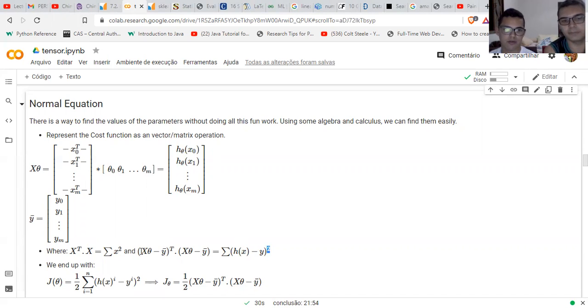So we find that this part here is the part of our j of theta, our cost function. You guys can check that by yourselves, making some matrix multiplication if you want.